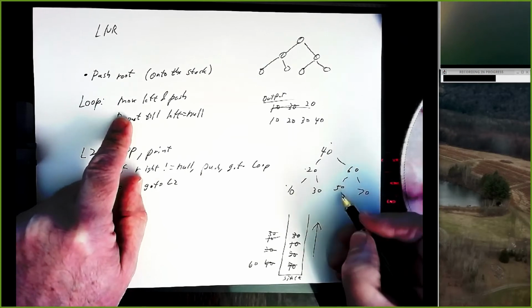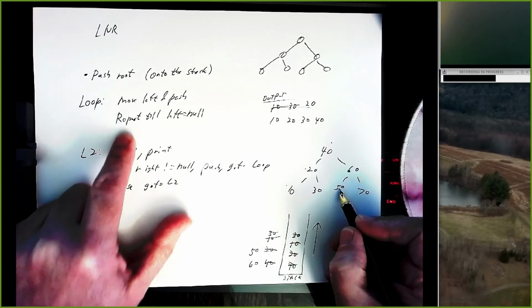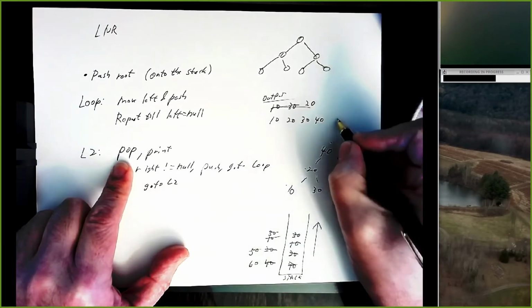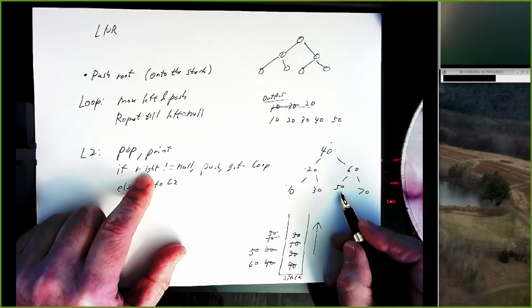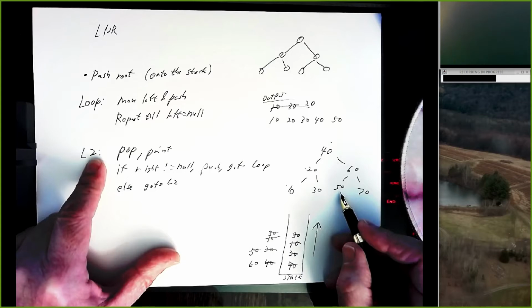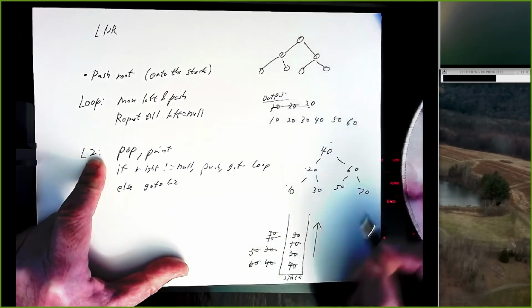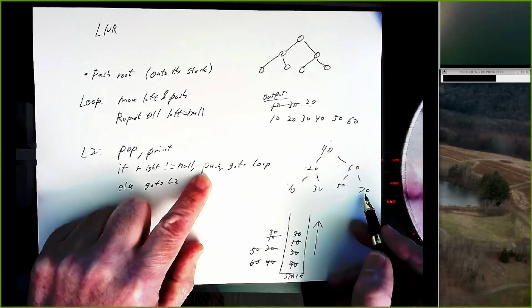So from the 60, we're going to move left, which means we'll push a 50. We can't move left any further, we go to L2. L2 says pop the top of the stack and print it. So there's our 50. And if there's something to the right, push it. Well, there's nothing to the right, so we're just going to go back to L2, pop the top of the stack, which is a 60. And if there's something to the right of 60, which there is, we will push that onto the stack.